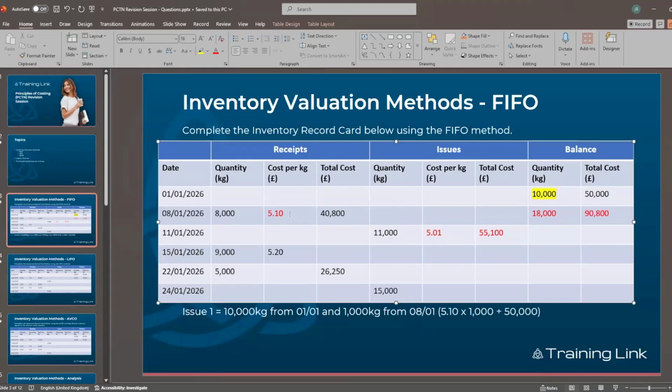That increased to £5.10 per kilogram a week later, and generally prices will always increase. So using 10,000 from here and 1,000 from the 8th, which is a slightly higher price, aligns with having a slightly higher cost per kilogram compared to this balance, which it is mostly made up from.